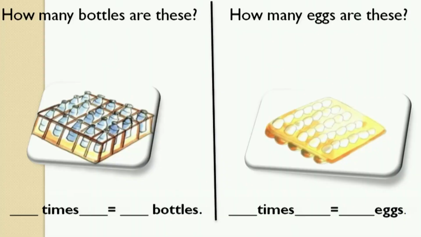Okay? See that there are some columns in the picture. First count how many columns are there and then count how many bottles are there in one column, and then what will you do? You will multiply both of them, and after multiplication you will get the answer.